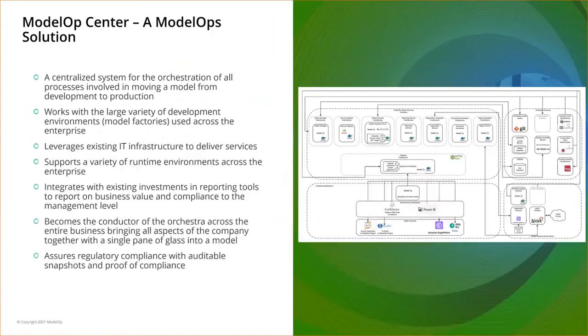So when we see these solutions that provide ModelOps as opposed to MLOps, there's a lot more behind them. We really start with the idea of an orchestration of how we move it through the business.